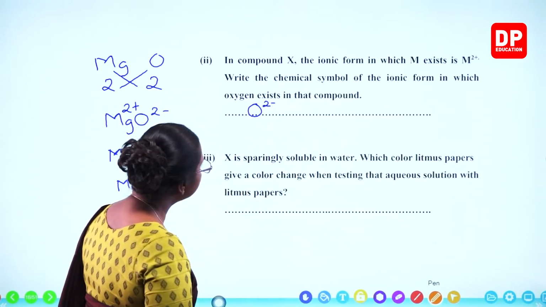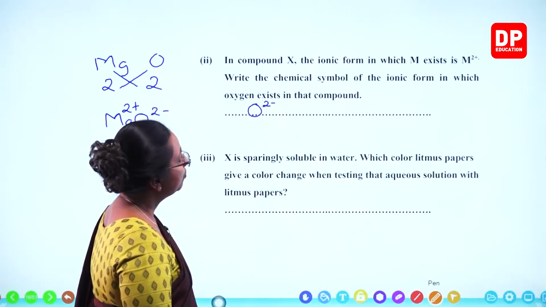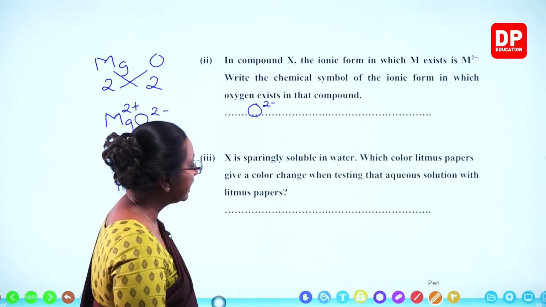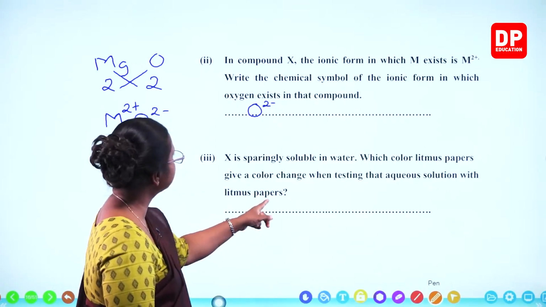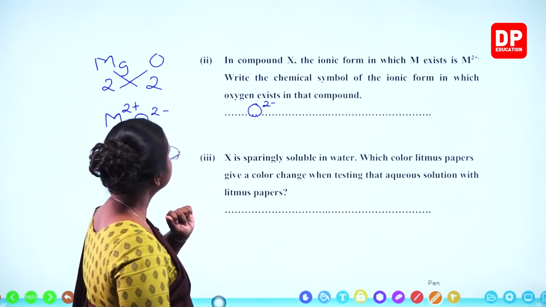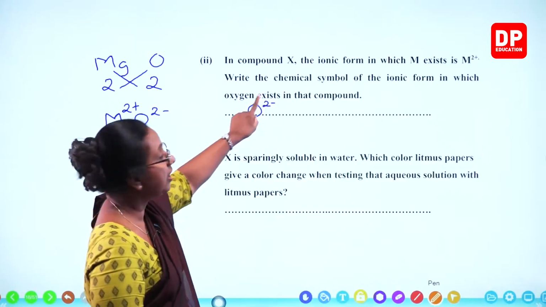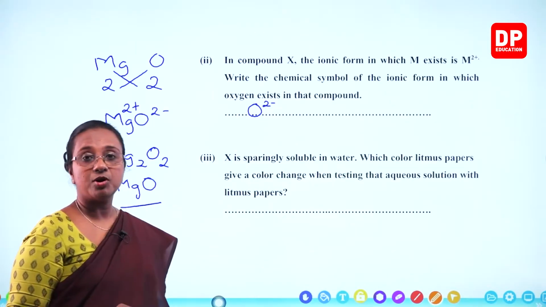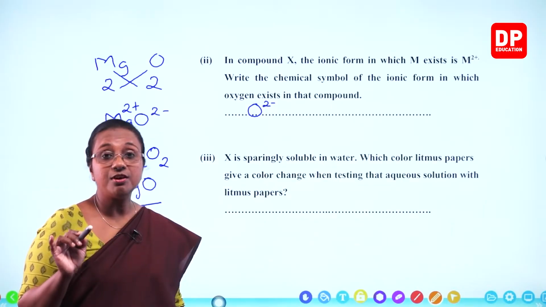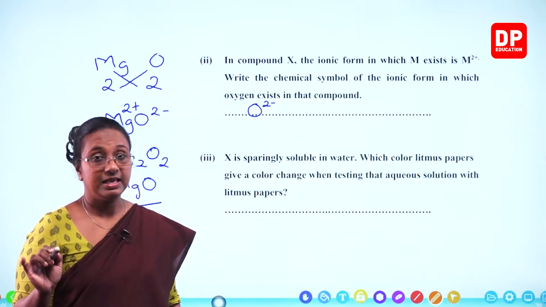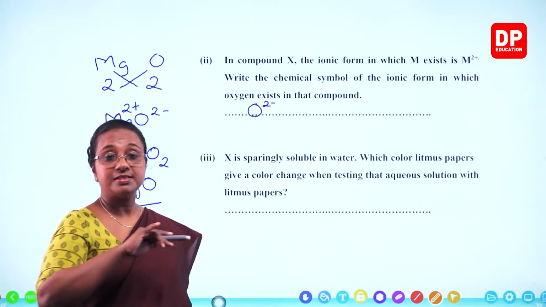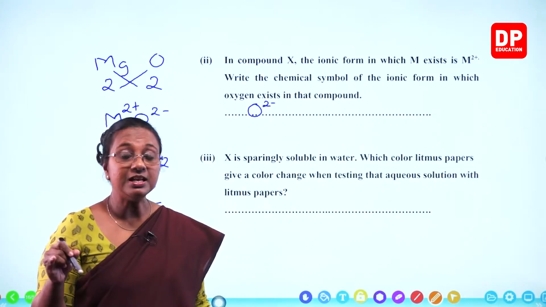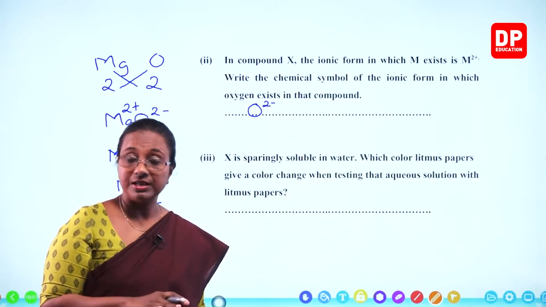Then, X is sparingly soluble in water. Which color litmus papers give a color change when testing that aqueous solution with litmus paper? Now X is what? Already here we saw X is magnesium oxide. Now if you take magnesium oxide, you all know oxides of metals are basic. And from that we have discussed the acid-base properties. You can remember the third period, sodium oxide is strongly basic.